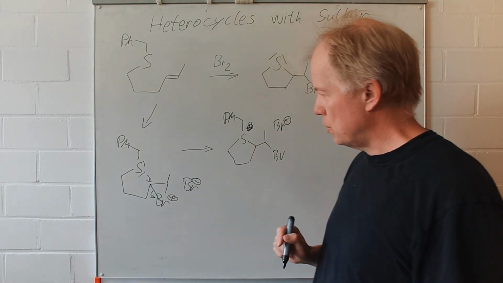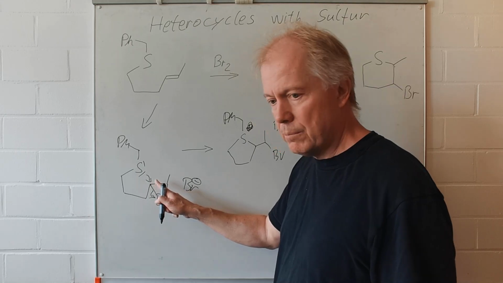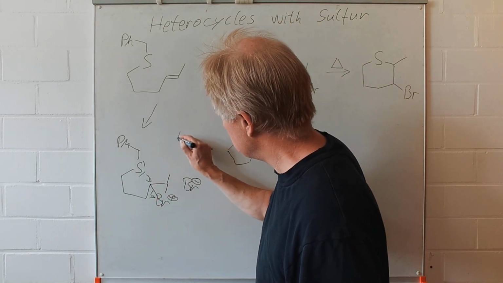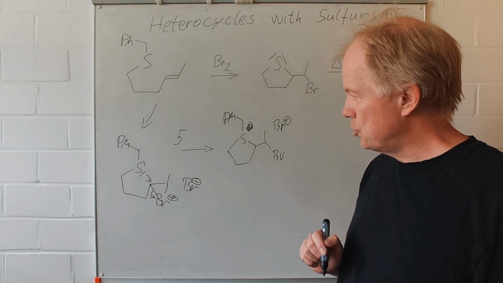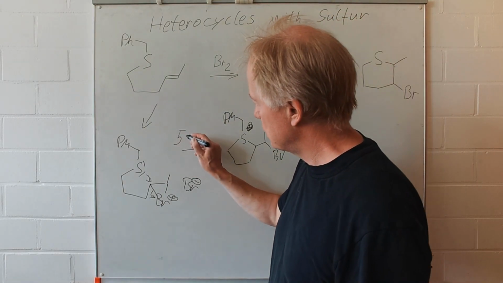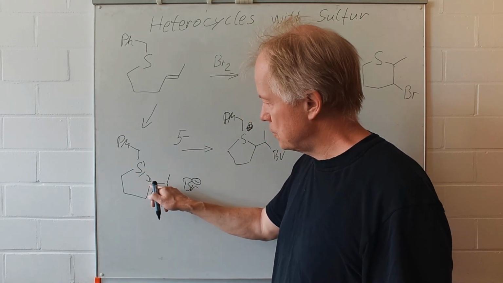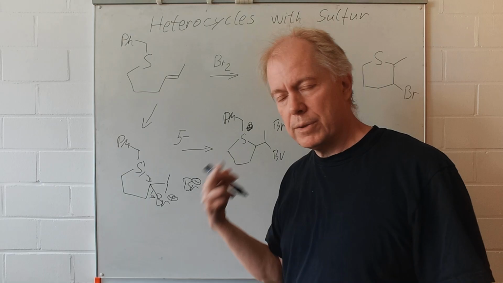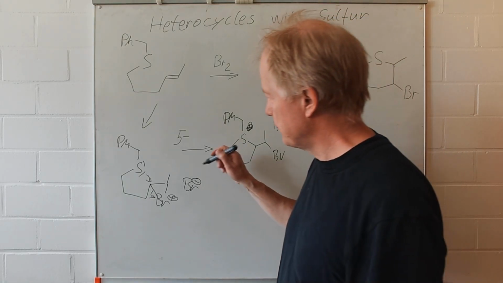What kind of cyclization is it? A 5-membered ring is formed, and according to Baldwin's classification, we write down a 5 first, then the reaction takes place at an sp3 hybridized carbon.